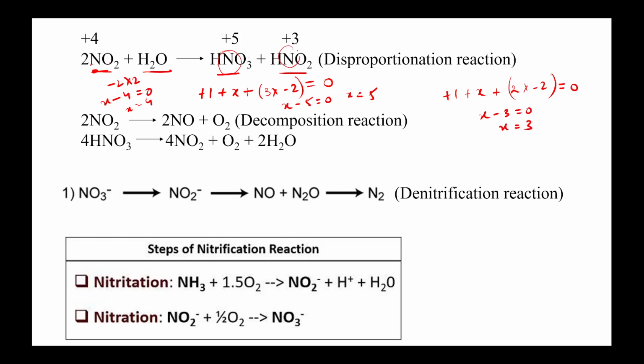So the oxidation state of nitrogen in nitrous acid is +3, and in nitric acid is +5. So from a +4 oxidation state, it got distributed into two molecules having two different oxidation states, that is +5 and +3.